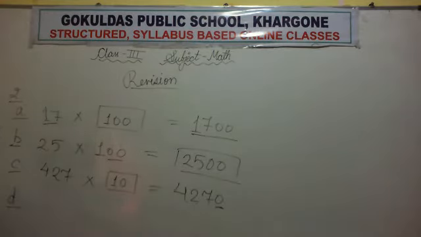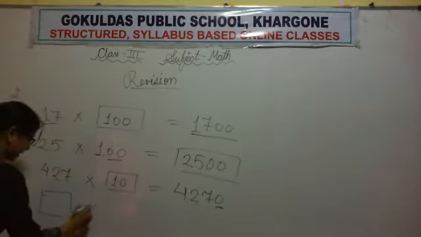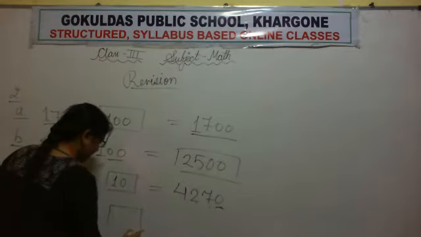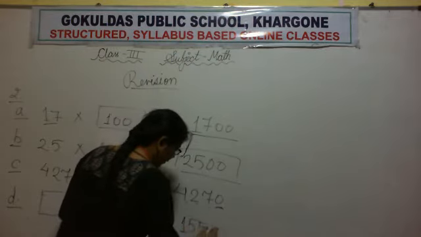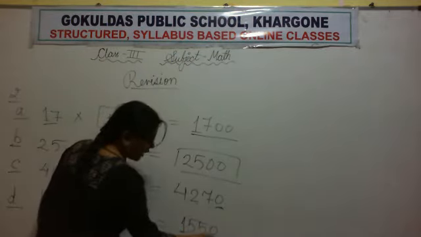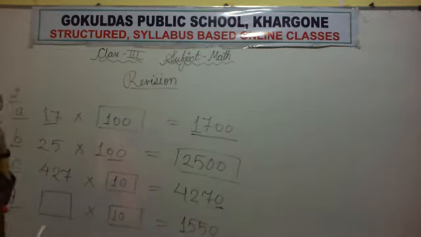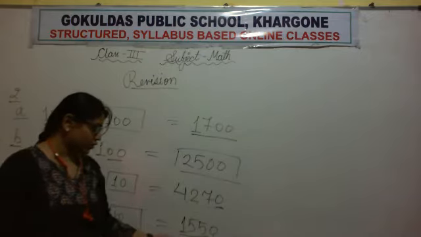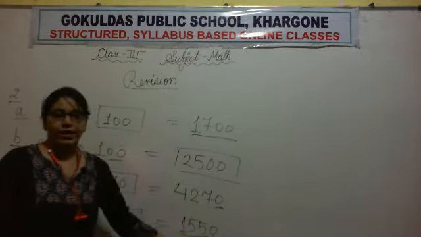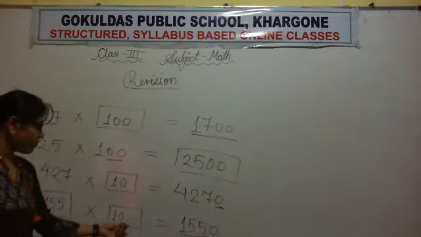And the last of the same question, part D, blank into blank is equals to 1550. We can see that only 1 zero is there. So let's write 1 and that 1 zero and the number as it is, 155. So 155 multiplied by 10 is equals to 1550. 155 as it is and 1 followed by 1 zero.